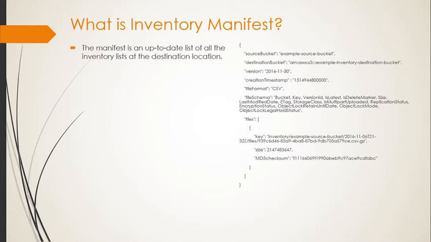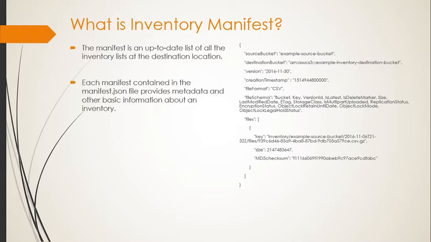It is an up-to-date list of all the inventory lists at the destination location. Each manifest contained in a manifest JSON file provides metadata and other basic information about an inventory.